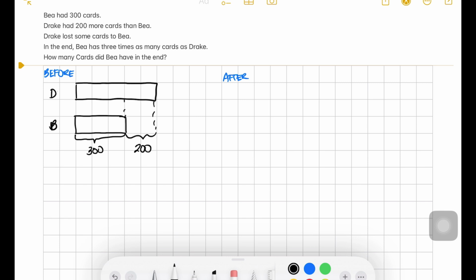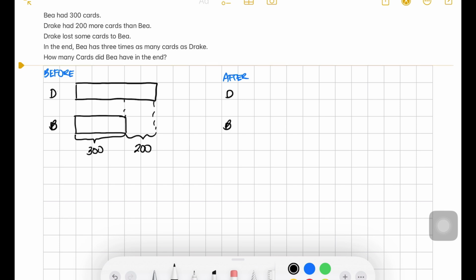So after, Bea has three times as many cards as Drake. So it means to say that Drake lost a lot of cards to Bea because in the end, Bea had more cards than Drake. So how much more? It's three times as much or as many. So we have here Drake and Bea.